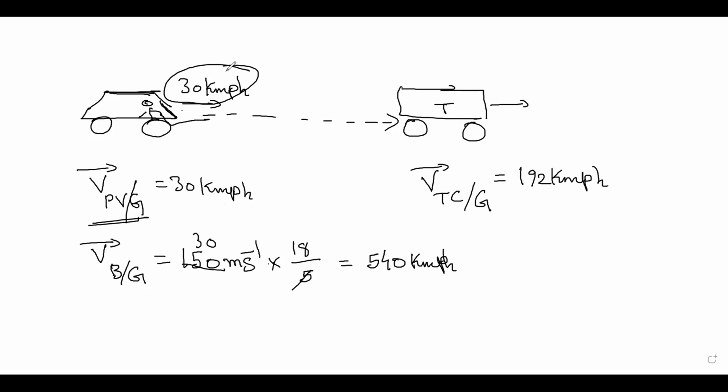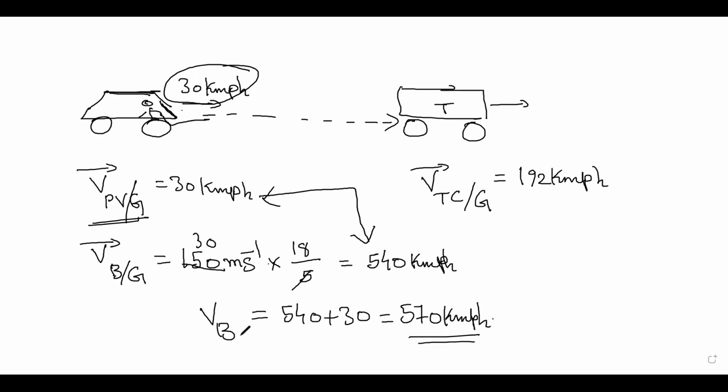Yes, sir. Whether fired or not, the bullet initially has 30 kmph velocity. And after firing, the bullet velocity and the van velocity will add up. So the bullet velocity will become 540 plus 30, that happens to be 570 kmph.